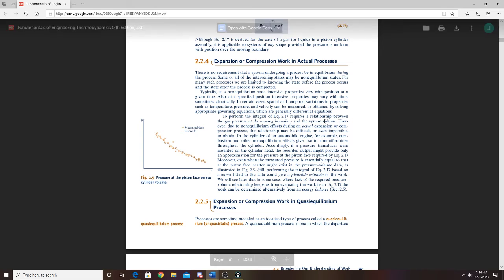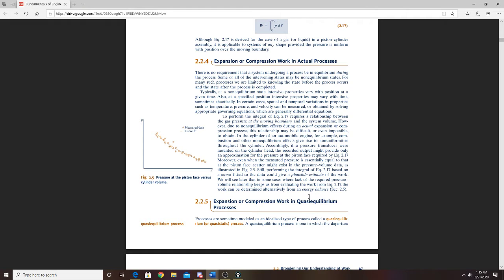So, it says expansion or compression work in actual processes. Let me see if there's anything here that is important. Okay, so most of this is not really important, but this last part is essentially saying that performing an integral of equation 2.17 based on a curve fitted to the data could give a plausible estimate of work, which is what we're actually doing, right?